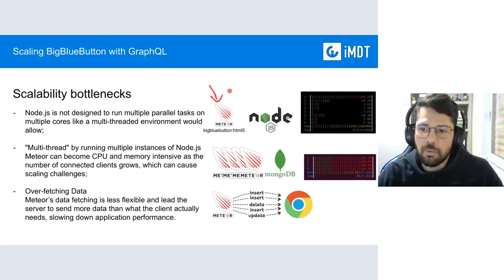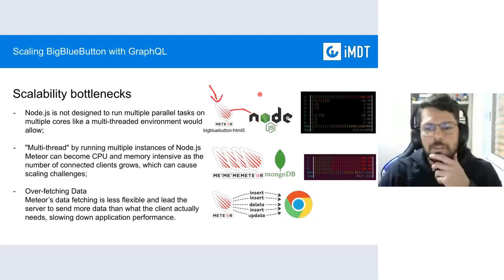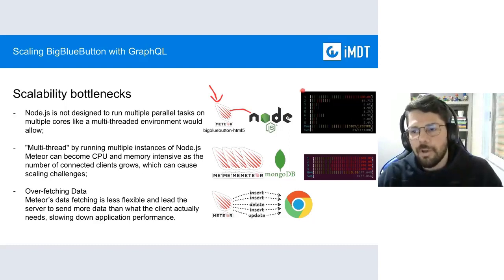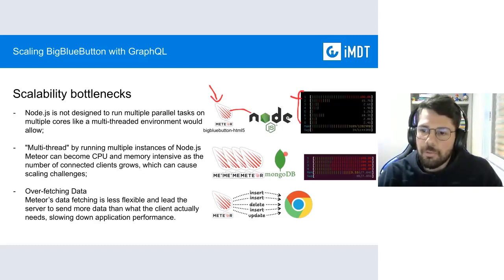One of the causes is that this service uses the framework called Meteor, and Meteor runs under Node.js. And Node.js has a problem because it's not designed to run multiple parallel tasks, so it's single thread. So even if you have a lot of cores in your processor, it will use only one core. So it was a problem.